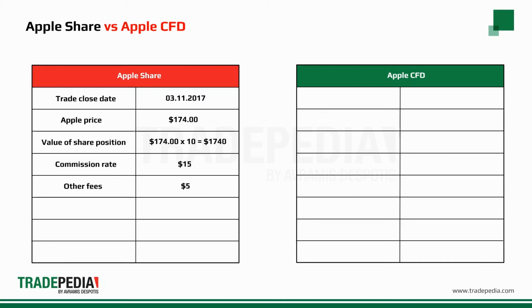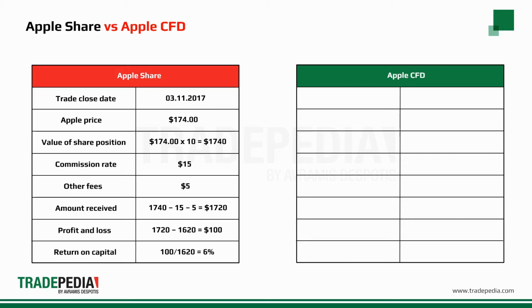Other fees equal $5. The total amount received becomes $1,740 minus 15 minus 5, which equals $1,710. This gives a profit of $90, which gives a return on capital of 6%.